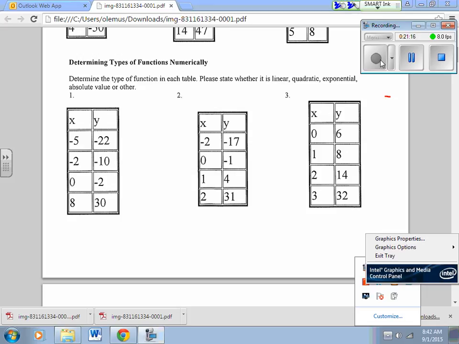Now, do you guys remember y equals mx plus b? Remember, this m represented what? Slope. Slope was the rise over the run.